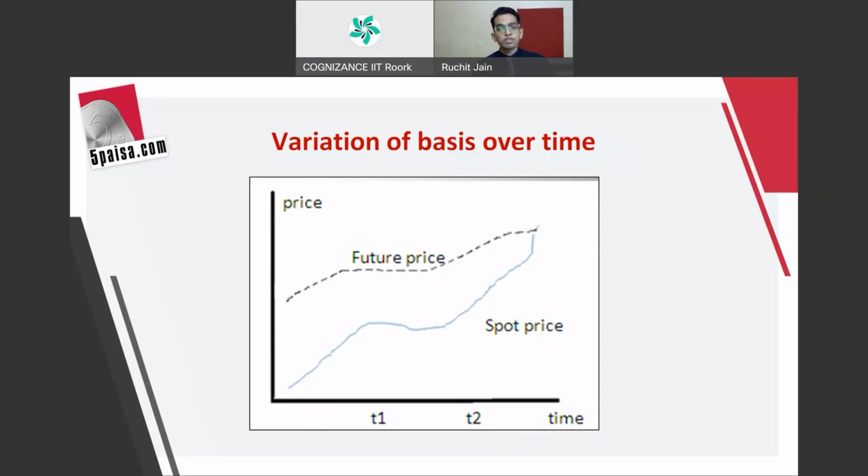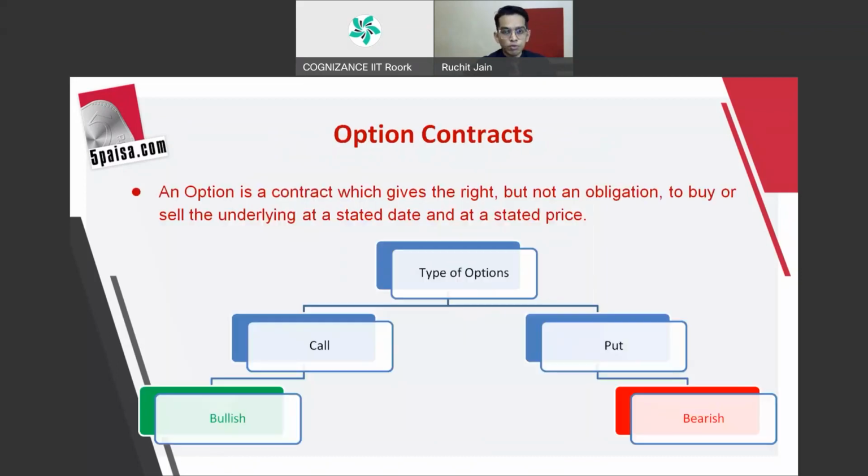With a lesser amount of investment, you can trade larger positions, and the profit or loss is much faster than what happens in the cash market segment. So in a very short term, you can earn a high amount of profit, but of course, the more the rewards, the higher is the risk. So those who can take high risk, high reward bets are trading more towards futures and options. So this was the futures.